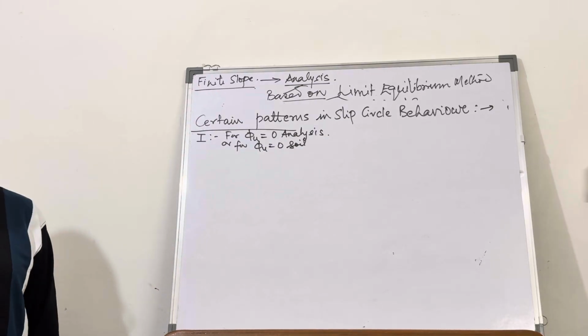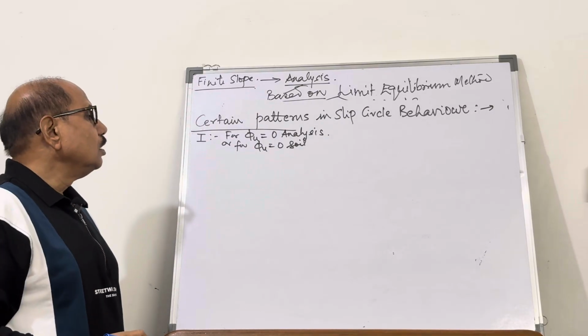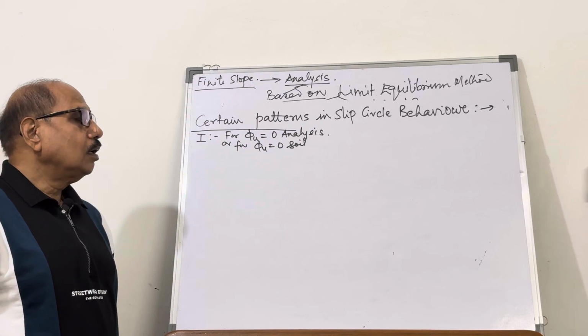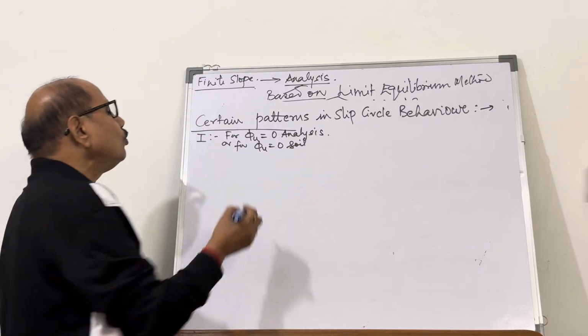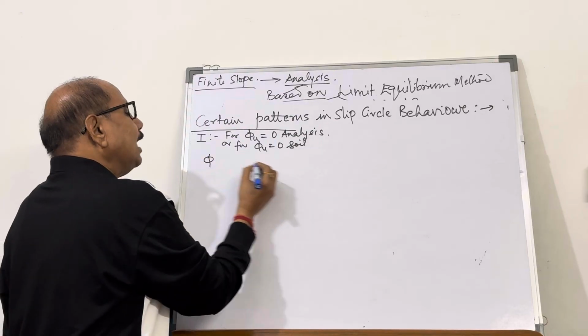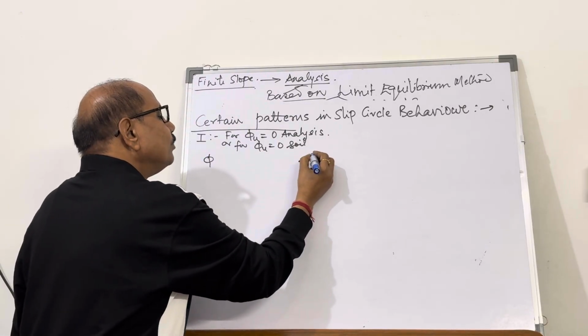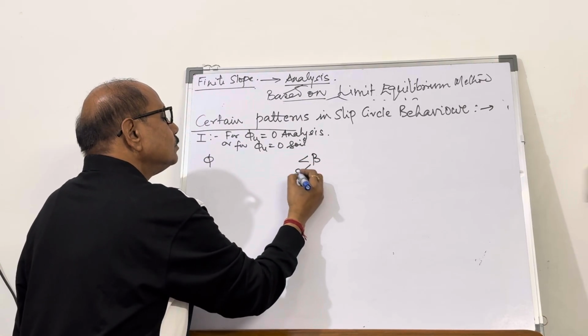What is the pattern? The pattern is here the value of phi and angle beta, that is the slope angle.